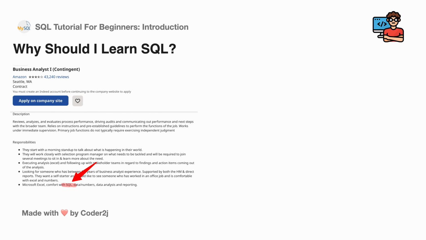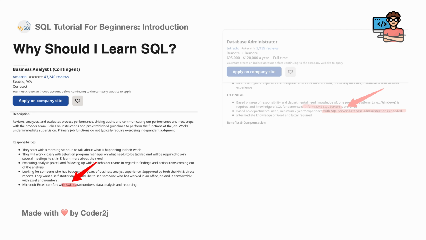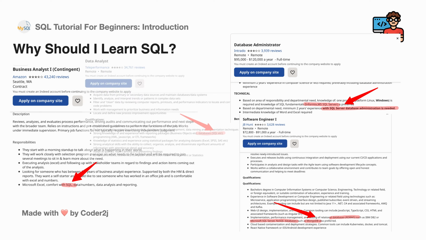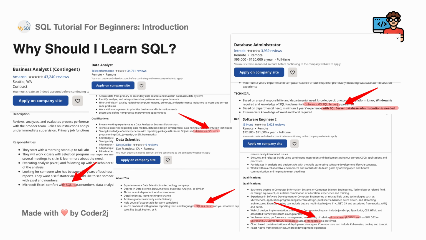When you search and read job advertisements online, you will find not only job positions like software engineer or database administrator that require you to have SQL skill, but also positions like business analyst, data analyst, data scientist, and so on. Learning SQL will open a wider door for your career development and serve as a fundamental skill to help you easily transfer to more advanced and well-paid jobs.